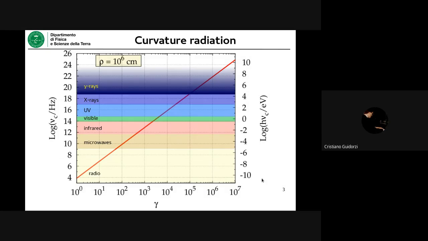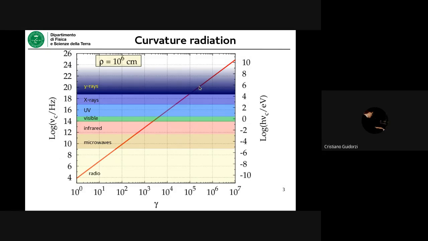Here I also put the energy of the photon in units of electron volts. But again, if you have a very high Lorentz factor, for example 1 million, you can go up to the gamma rays. So depending just on the Lorentz factor of the electron, you can span from the radio all the way up to gamma rays.